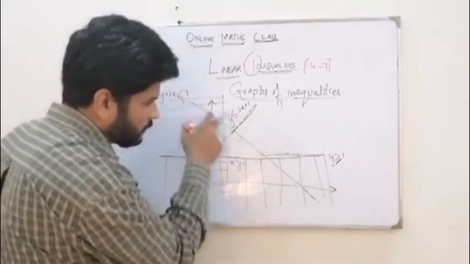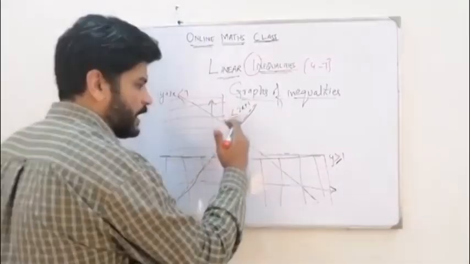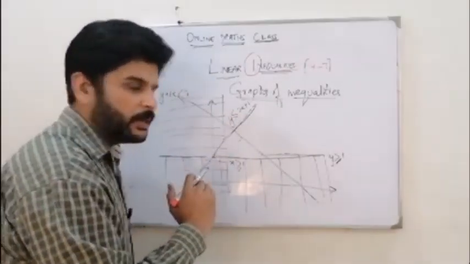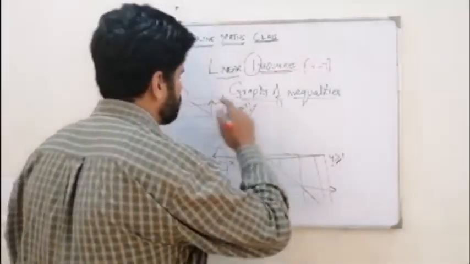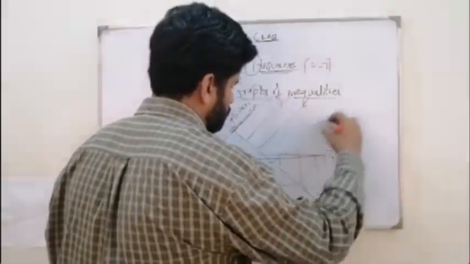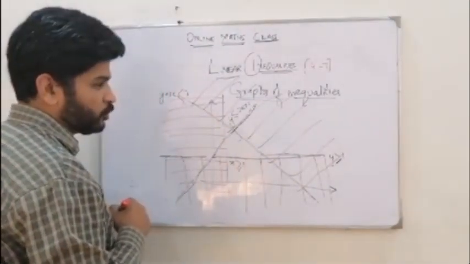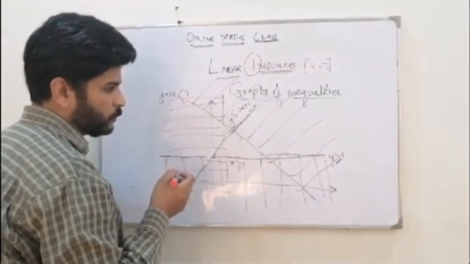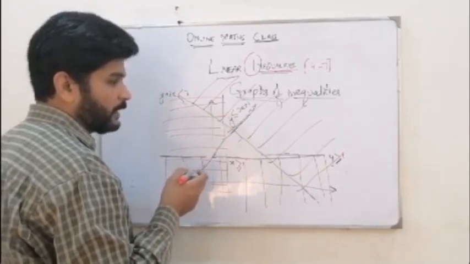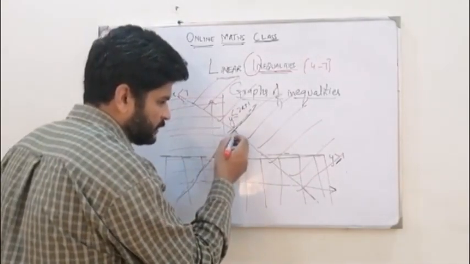For this line, he says y is less than this equation. Then you have to shade the opposite one. Right? So you see one thing very clearly, that the only region left here is this one.